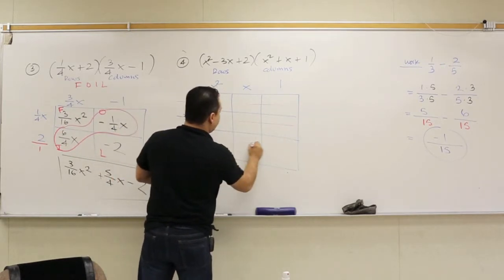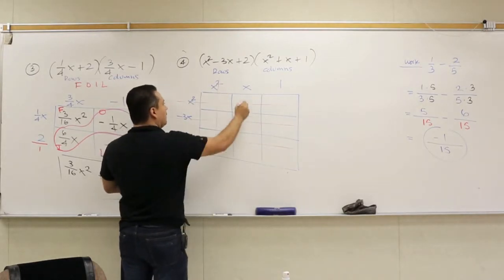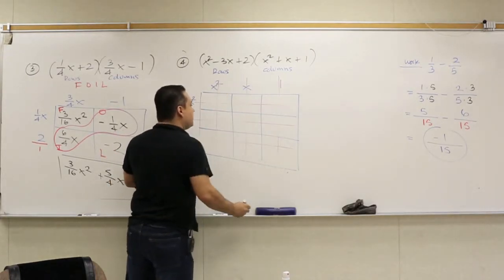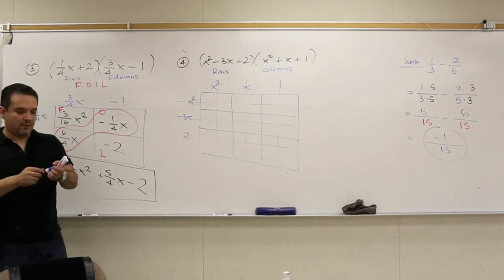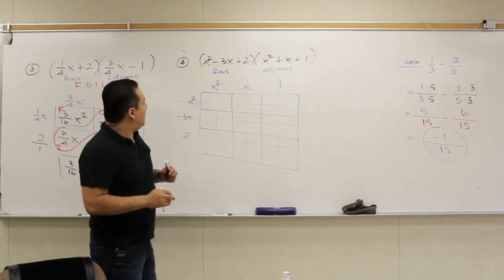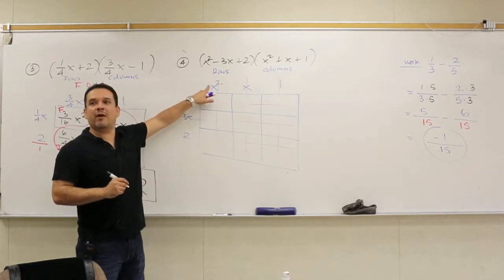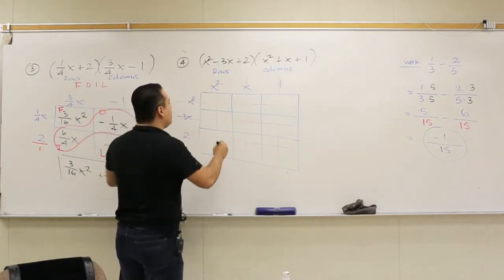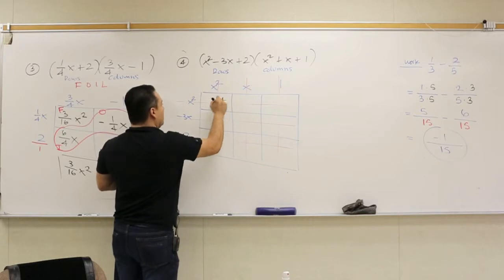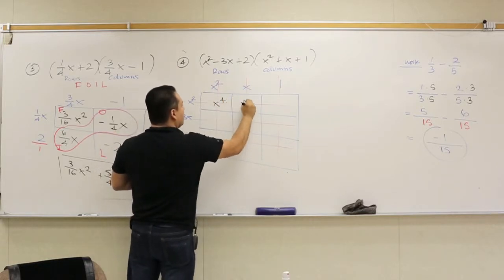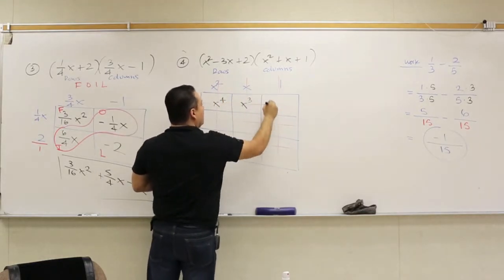Columns here. So just have some fun with it. All right, let's see. Okay, what do you guys know? What's x squared times x squared? Say x to the fourth. X squared times x. X squared times 1.